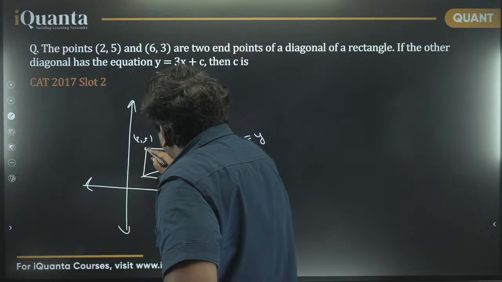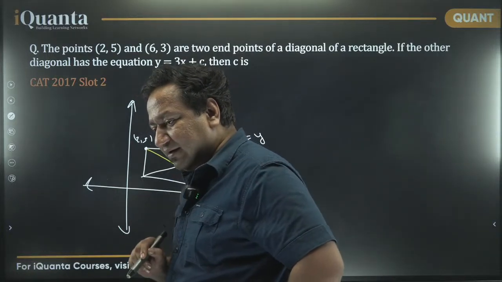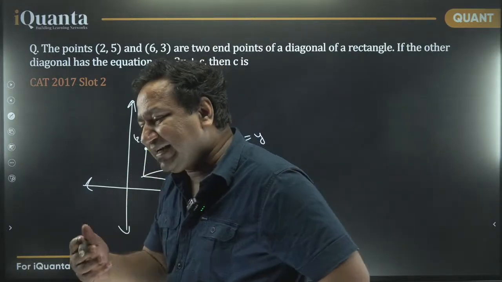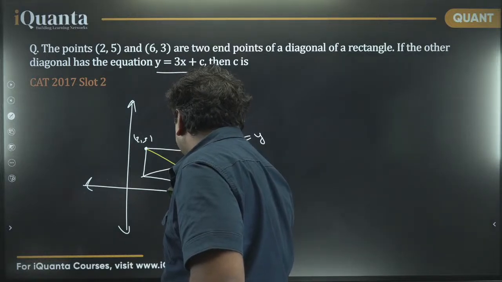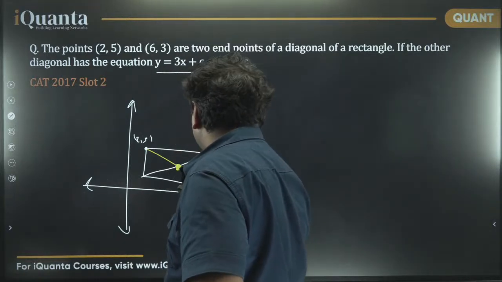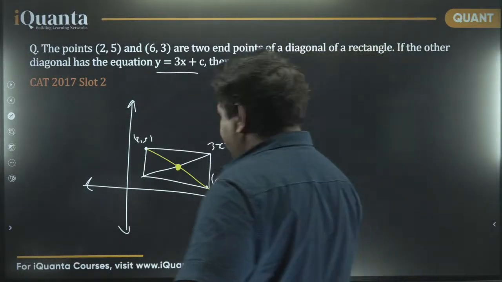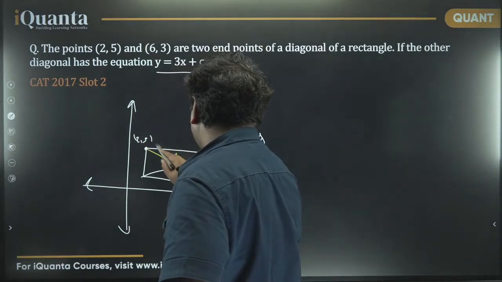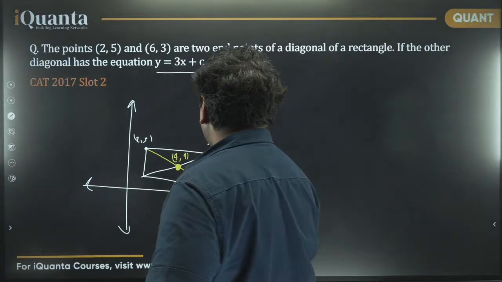What can be done here? I can join this one and tell me something. All of us know that the diagonals in a rectangle bisect each other, isn't it? So how will we find it? 2 plus 6, half of 8 is 4; 5 plus 3, half of 8 is 4. So this point is (4, 4).